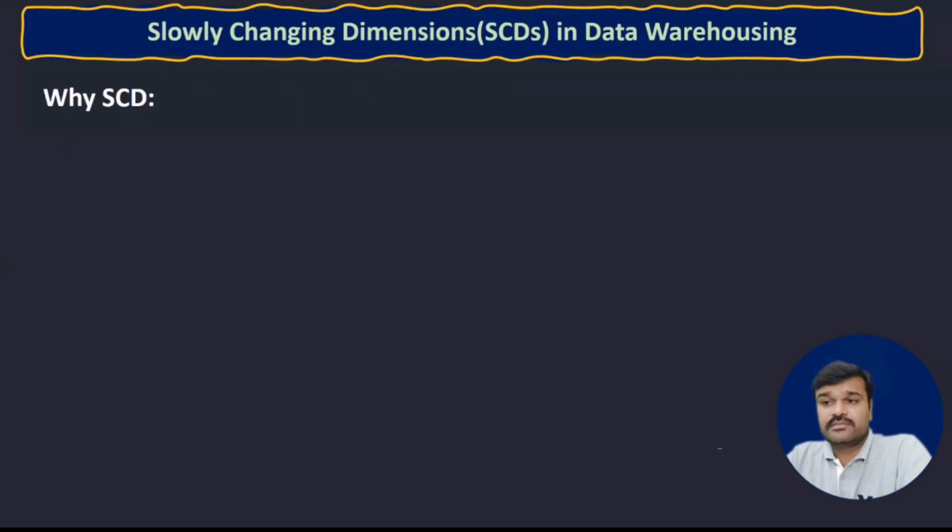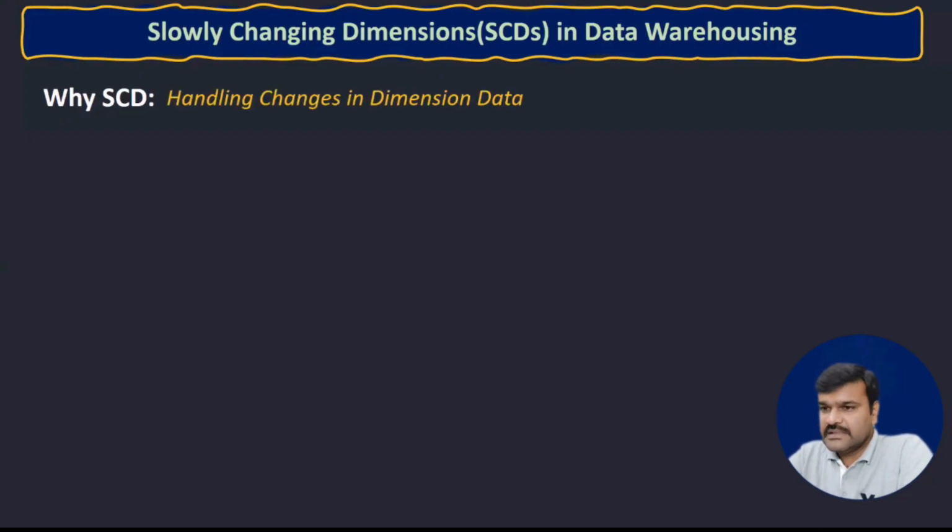Okay, so now we came to the actual discussion, that is slowly changing dimensions. Whatever we discussed till now, the prerequisite, is going to help a lot in our actual discussion of the SCDs. So why is SCD required? Try to understand with simple examples always.